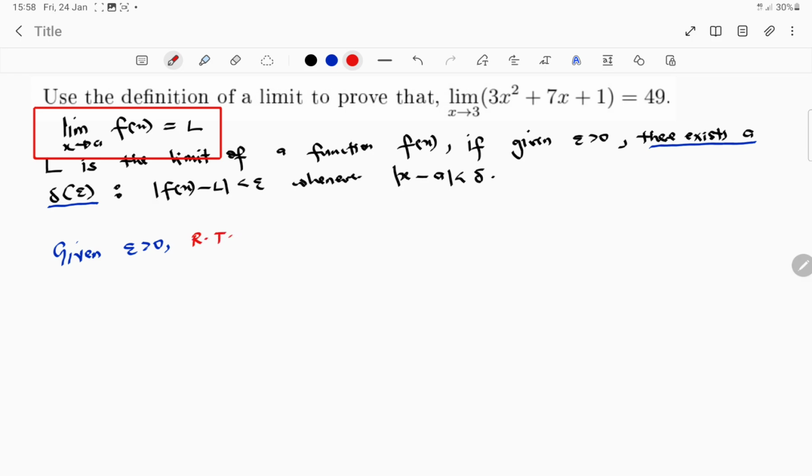Required to prove that there exists a delta which depends on epsilon.